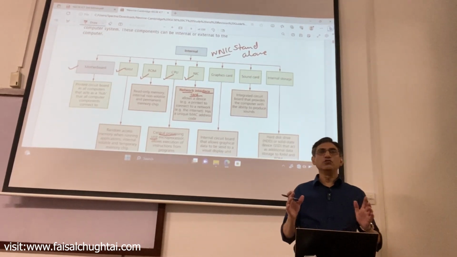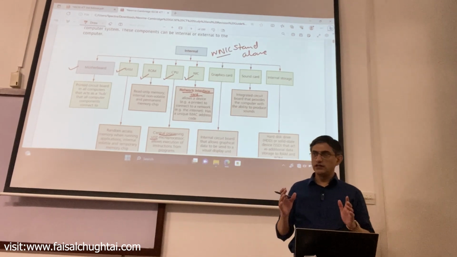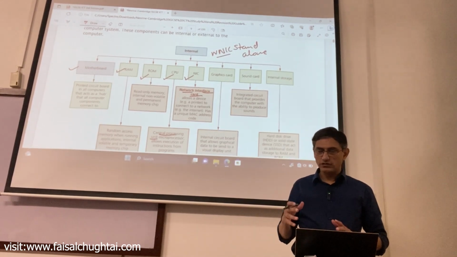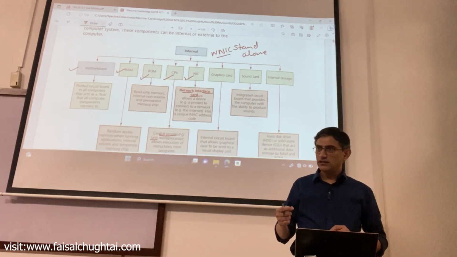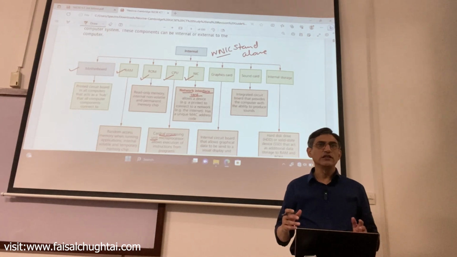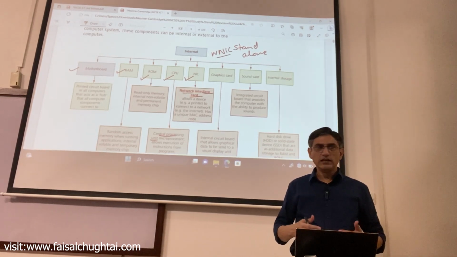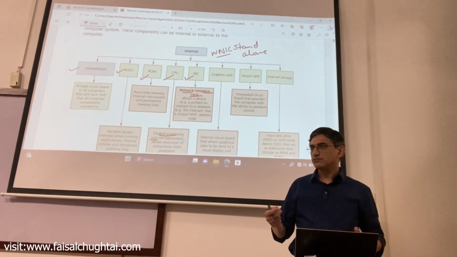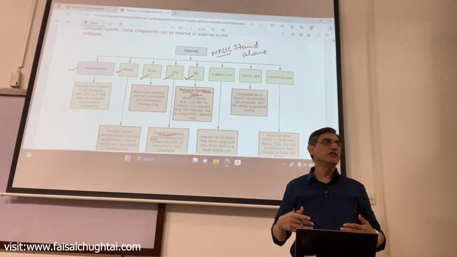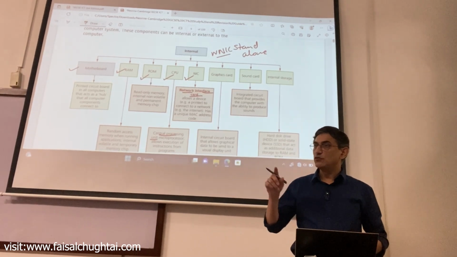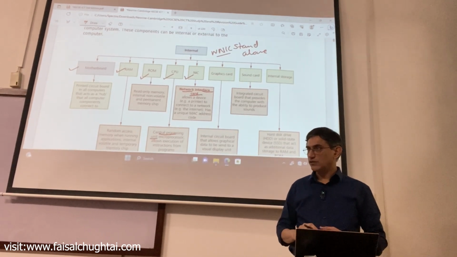So these are the two ways that network interface cards can be used in computers or in devices. Either it's a connection through a physical wire, or it is a case of wireless connectivity. If it is a wired connection, then of course it is a normal NIC, and if it is a wireless connection, then you will have to make use of a WNIC, or a wireless network interface card.